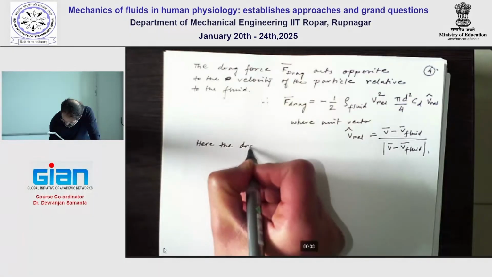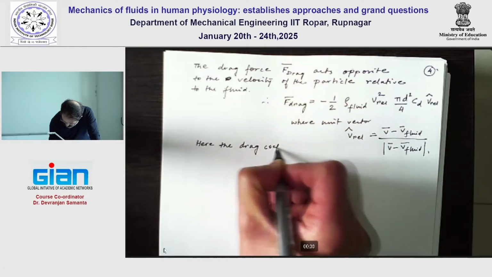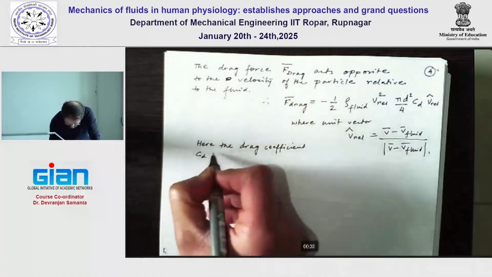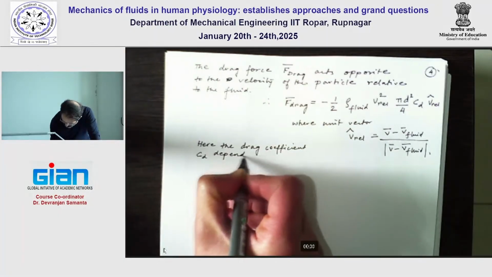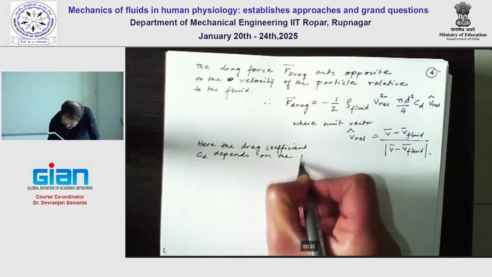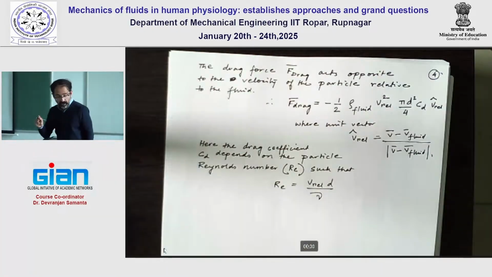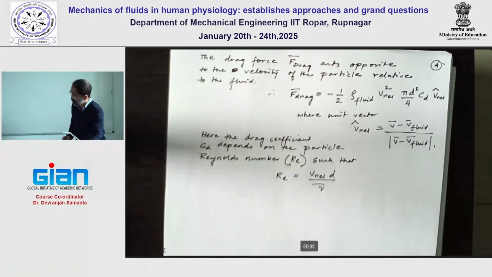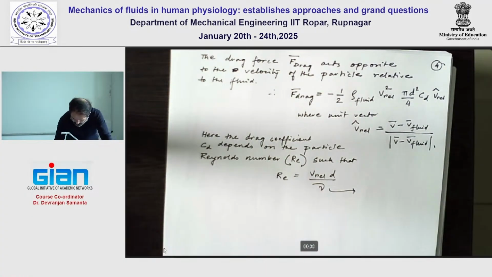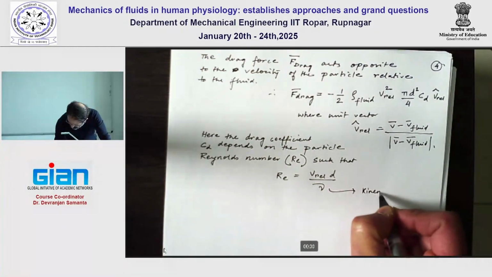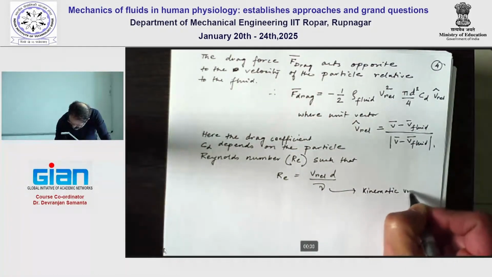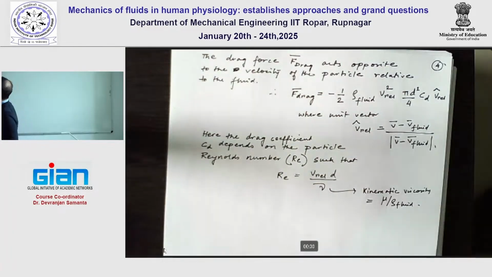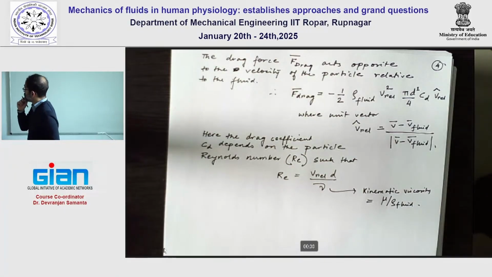The drag coefficient CD depends on the particle. So that's why I'm trying to take this V rel as the velocity in the Reynolds number formalism. So this is the kinematic viscosity. This Reynolds number with the drag coefficient CD, there are some empirical relations.